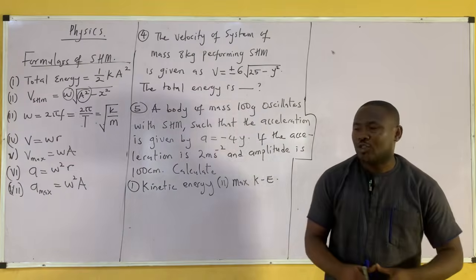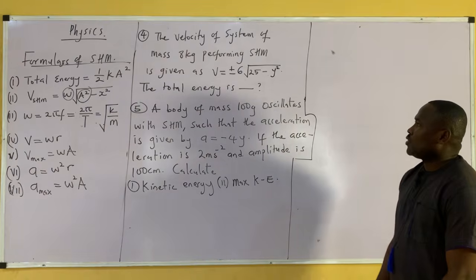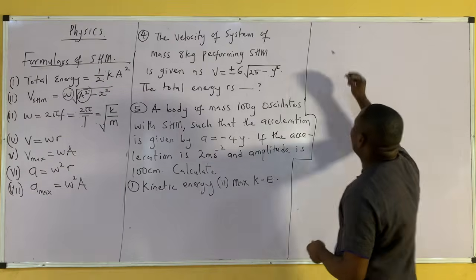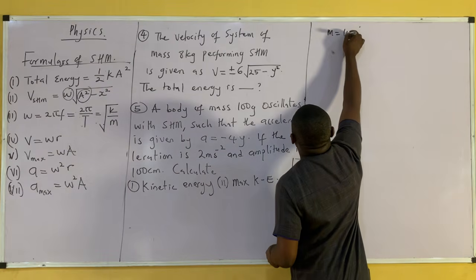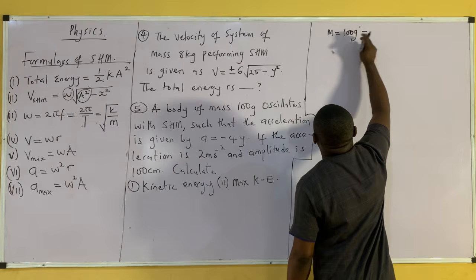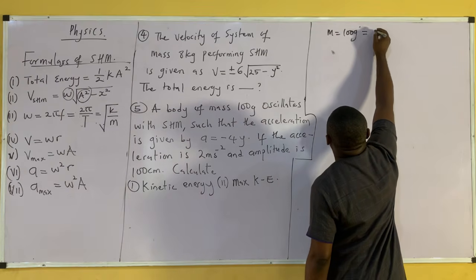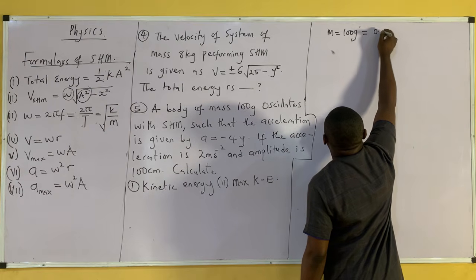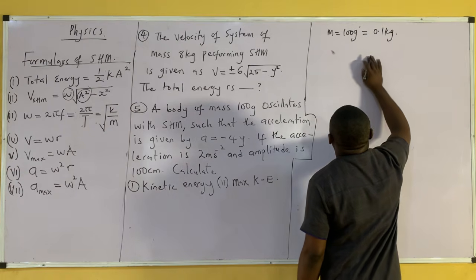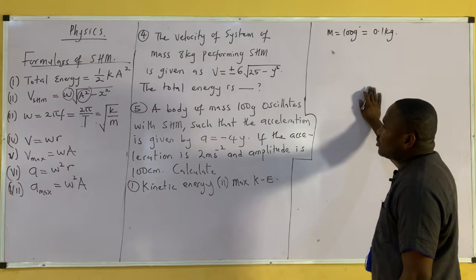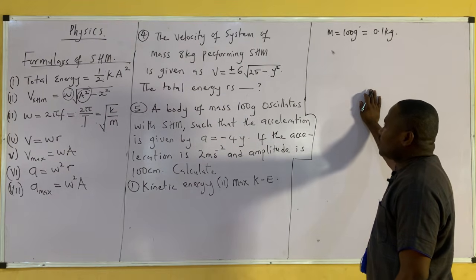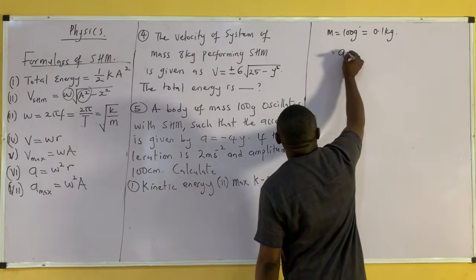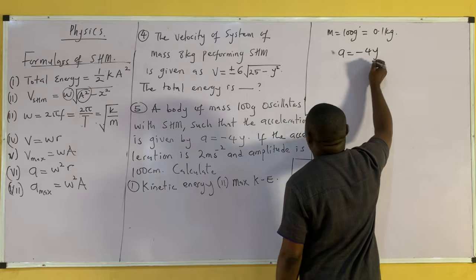Now let's see question number 5. A body of mass 100 gram, mass is equal to 100 gram, which we convert to kilograms, divide this by 1000, it will now be 0.1 kilogram. Now that's 0.1 kilogram, oscillates with SHM such that the acceleration is given by, this is the acceleration, A is equal to minus 4y.